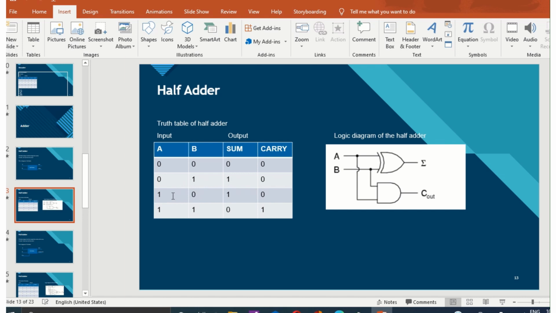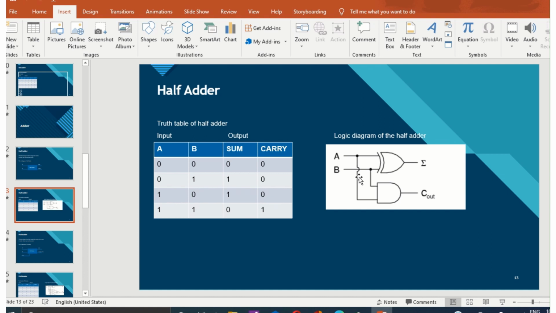Here a equal 1, b equal 0, 1 plus 0, 1. No carry. Last one is a equal 1, b equal 1. Here sum equals 0, carry equals 1. This is the logic diagram of the half adder.